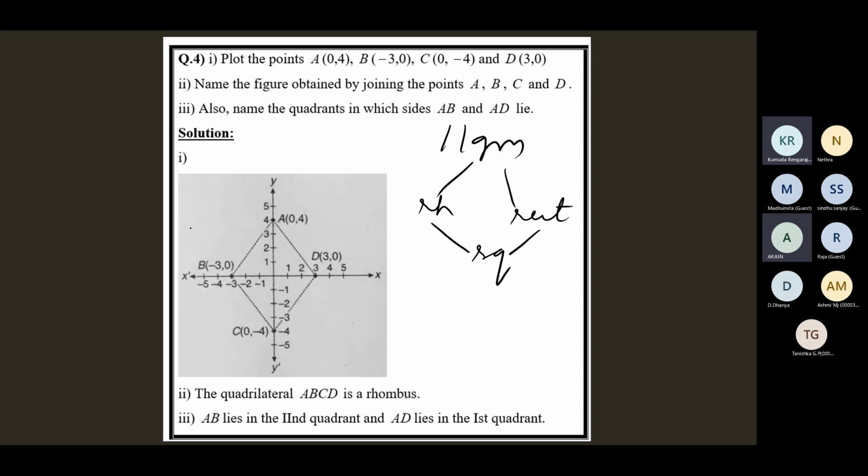Okay. So it is a parallelogram, but more specifically, it is a rhombus. ABCD is a rhombus because you can write the reason also: the diagonals bisect each other at right angles.